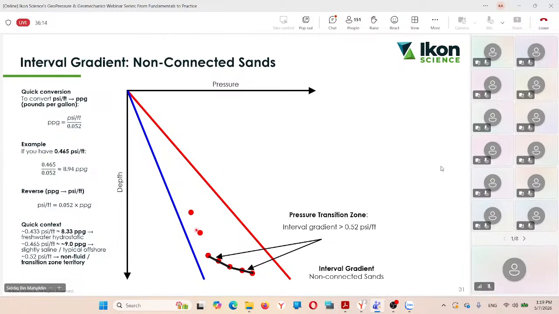You can imagine I have one sand unit over here and another sand unit over here, and in between a semi-impermeable zone that disconnects these two sands. You will see this pressure transition zone. Most of the time it is easy to detect because the interval gradient is higher than 0.052 psi per feet.